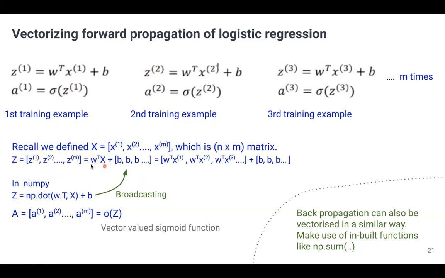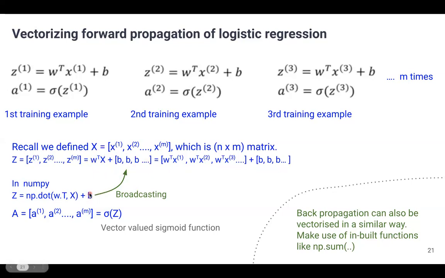So W transpose X, we just saw in the last slide how to do using NumPy, and then plus B. Of course, we should have a matrix of B, so B, B, B, repeated many times. However, note that there is a way of just writing only B, and Python broadcasting will figure out that B has to be repeated m times in order for this summation to properly happen.